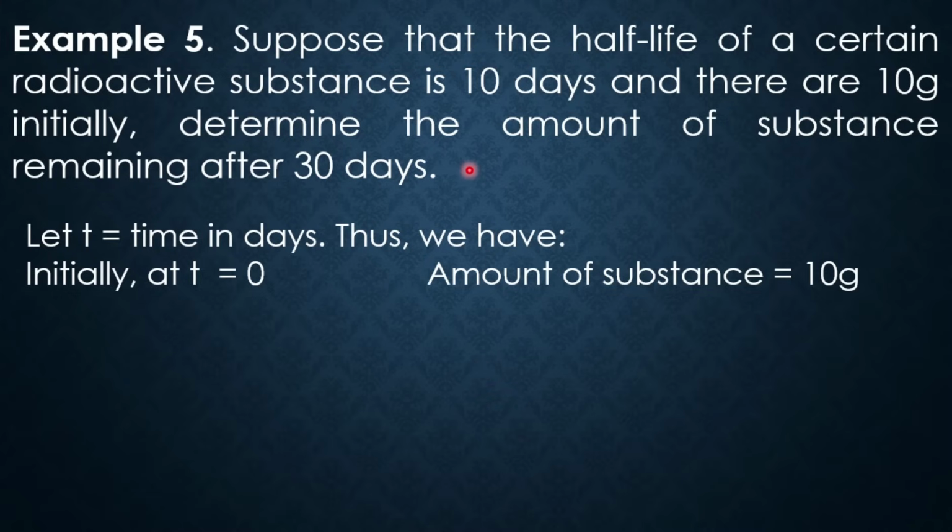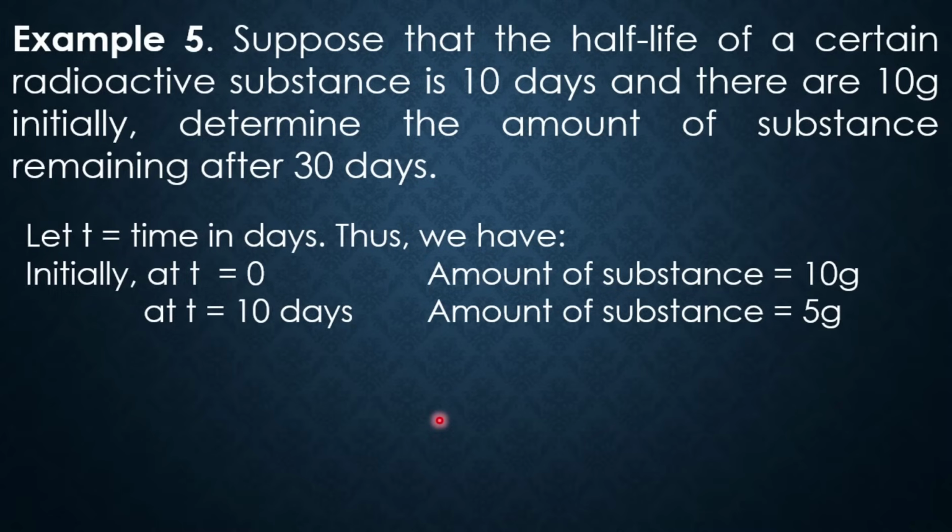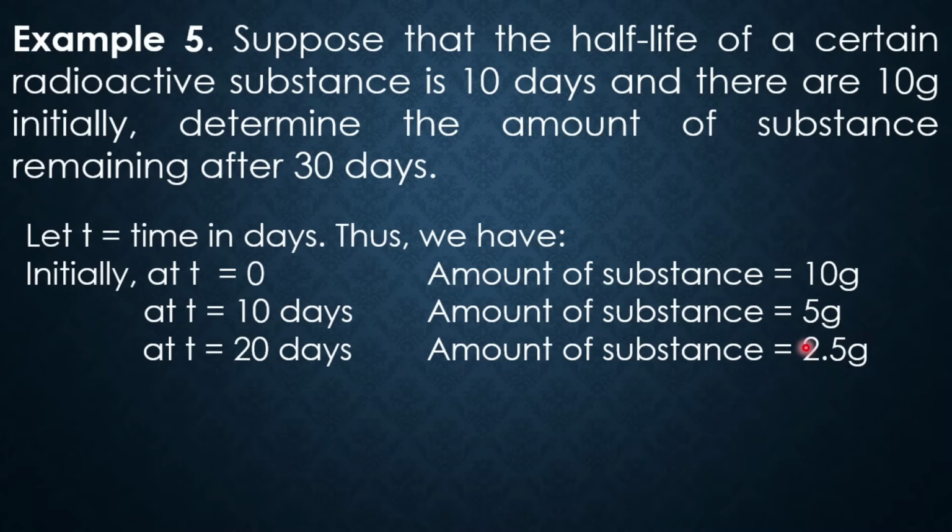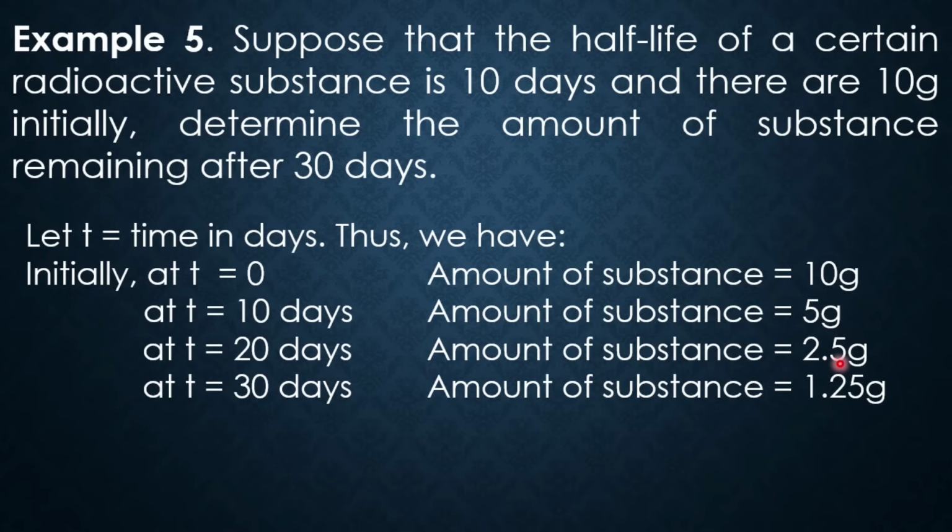Nag-half siya after 10 days, every 10 days. So in 10 days, 5 grams na lang siya. After 20 days, mahati naman siya, so that will become 2.5 grams. And after 30 days, mahati ulit, and that will become 1.25 grams. So therefore, the amount of substance remaining after 30 days is 1.25 grams.